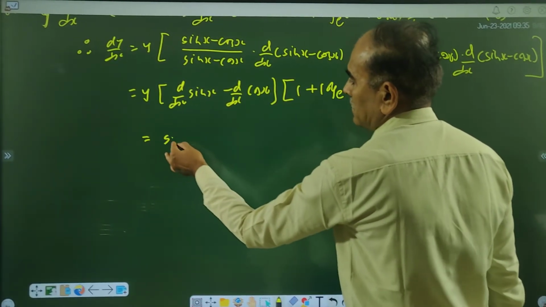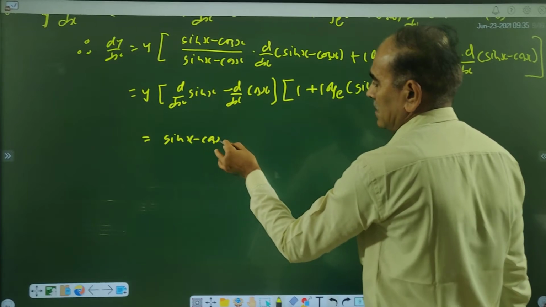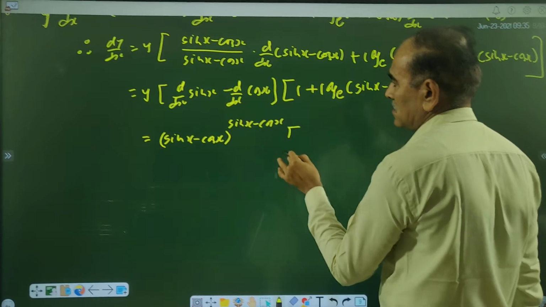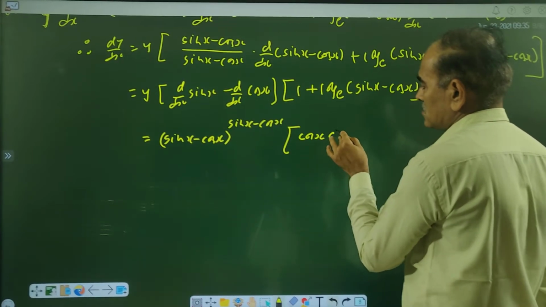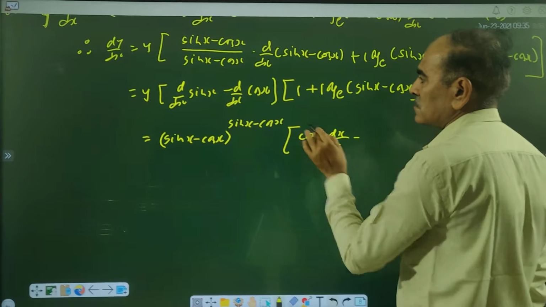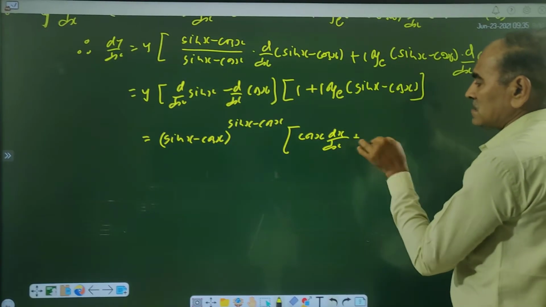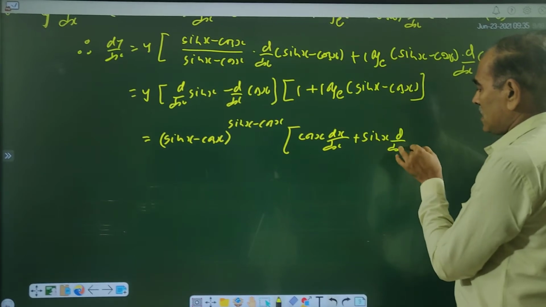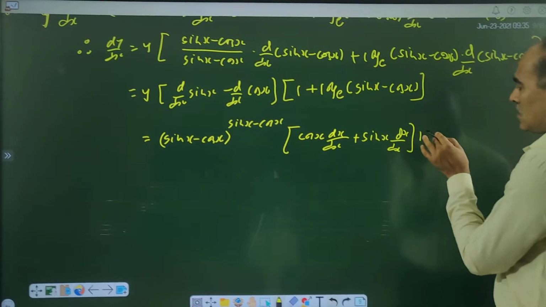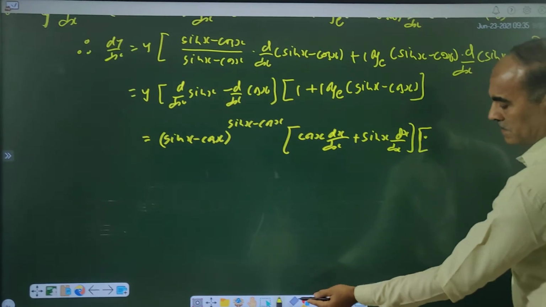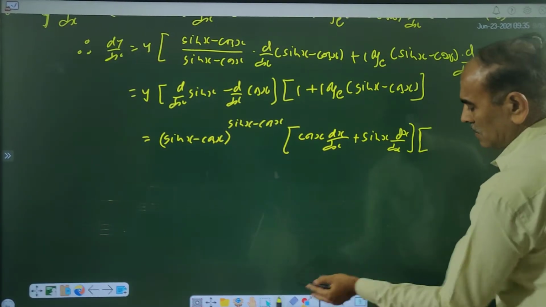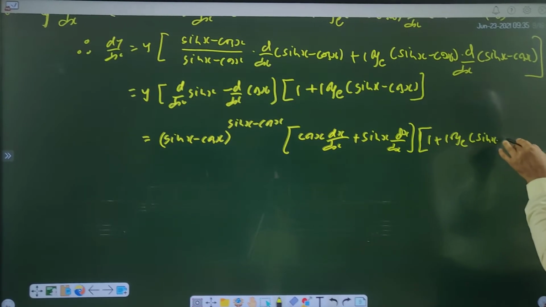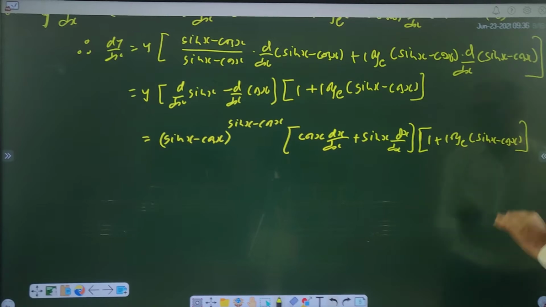See, next. Replace the value of y: (sin x minus cos x) raised to (sin x minus cos x), into d by dx of some function, sin plus cos, since the minus sign is there, so plus sin, into the rest of the bracket as it is. What is that? 1 plus log base e of (sin x minus cos x).